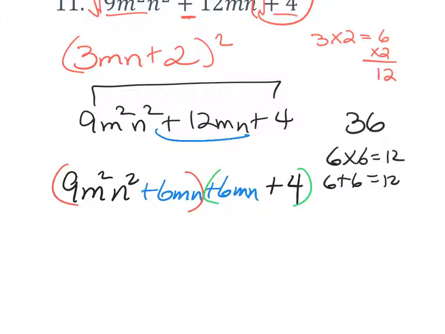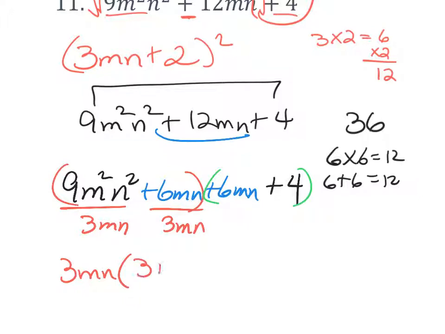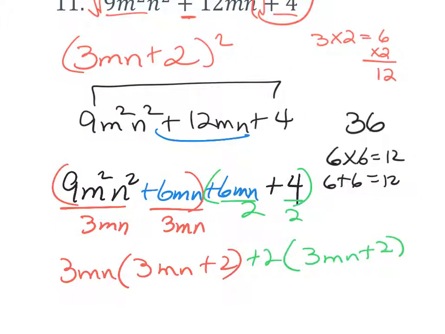So my GCF of red is going to be 3mn. So 3mn. And then you're left with 3mn plus 2. And over here, the green group, this is going to be a GCF of 2. And then you're left with 3mn plus 2.